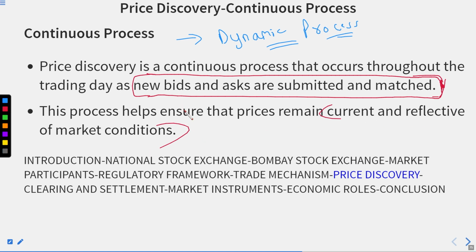The new bids and asks are based on the current or prevailing situation, not on the previous situation when the previous bids and asks were submitted.